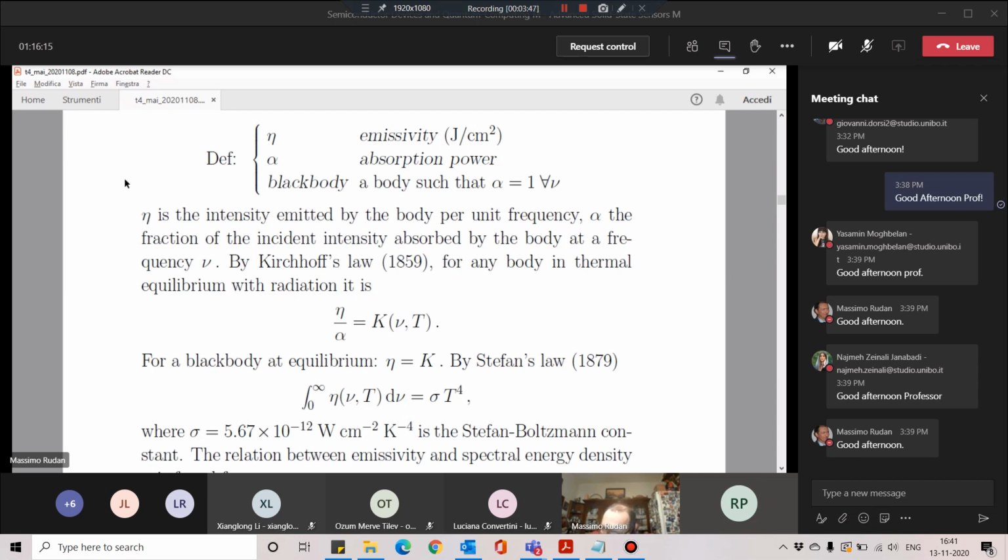So if we go near the surface of a body and take a unit area and we measure the energy that crosses this unit area and consider the energy for each spectral component, so for each frequency, okay, this energy will fill a volume that is near the surface of the body, okay, so it will contribute to the spectral energy density.